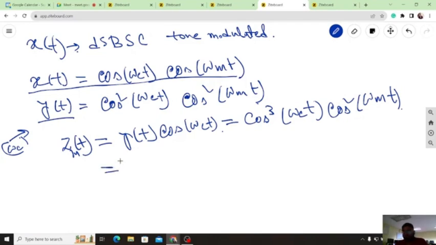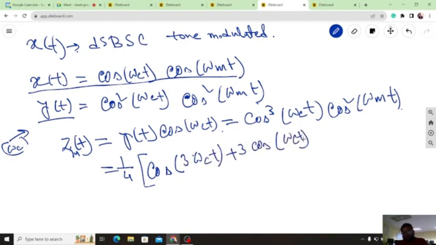This is equal to 1 by 4 times cos 3 omega c t plus 3 cos omega c t, into, basically we are simplifying this term. This is the first cos formula. The second is 1 plus 2 cos omega m t.